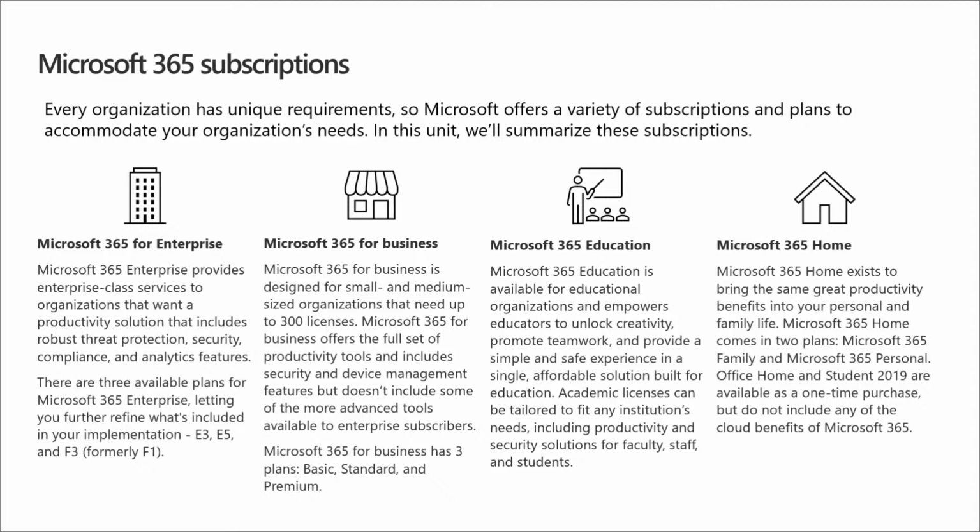But this is for large businesses. And large in this case means over 300 licenses needed, whereas the business, the second, is up to 300. So for small or medium-sized organizations where you need to use maybe just 100 copies of these licenses, or up to 300, that's going to be ideal for business.